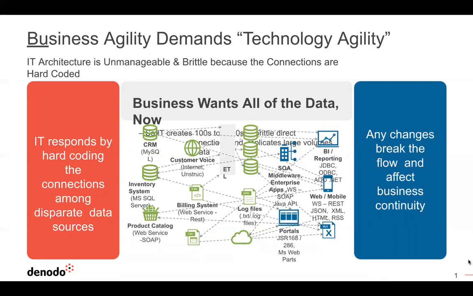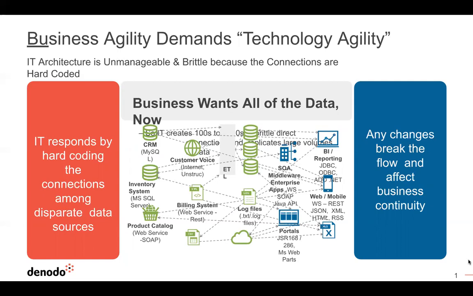Looking in the middle, the business wants data from all these different sources, which are in the hundreds. They are inventory systems, log files, reporting tools, and different kinds of sources in different formats, and the business is asking IT to provide data. They are demanding access to data from these sources.